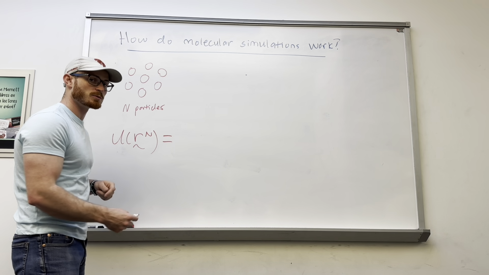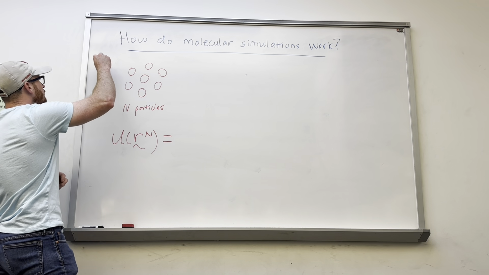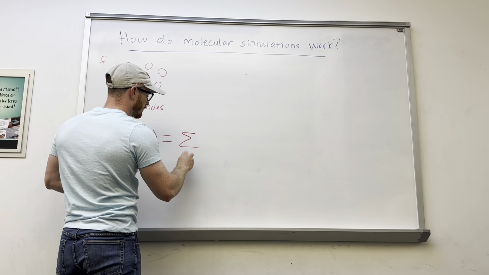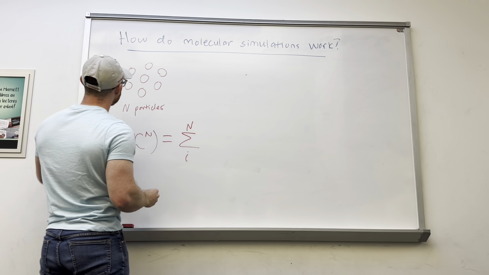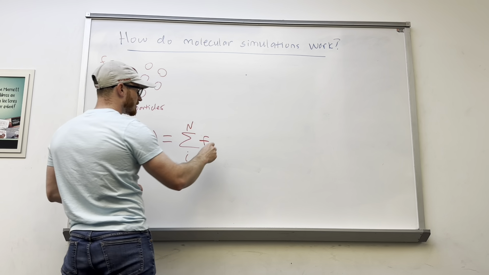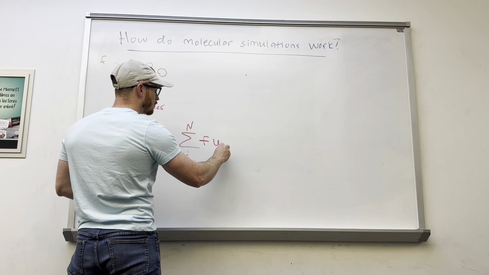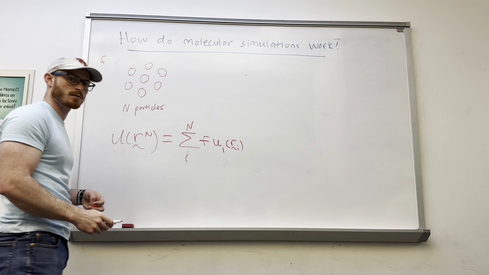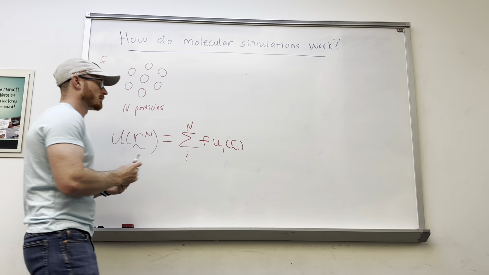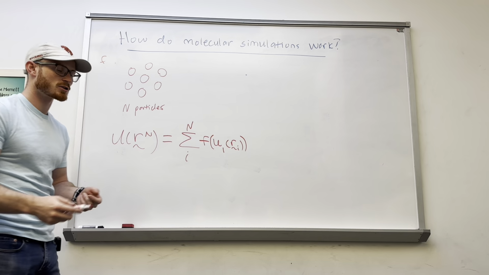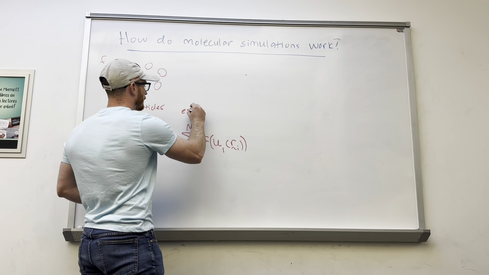If we have some external field force here, we'll have contributions on each particle by this force. So we'll have contributions to the energy from there, and we'll call this U1, and it's a function only of where the particles are. Something like that.